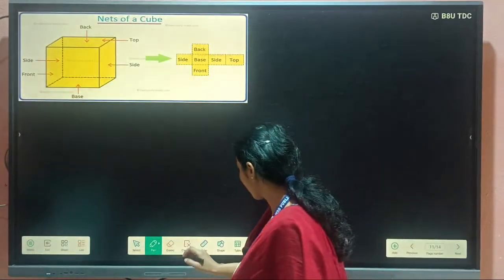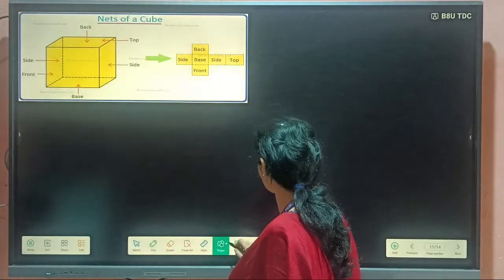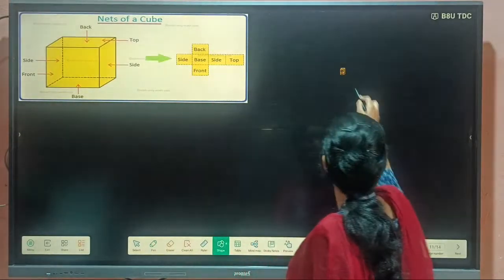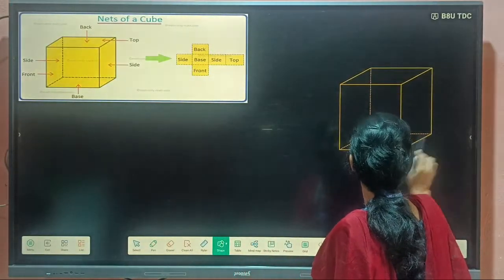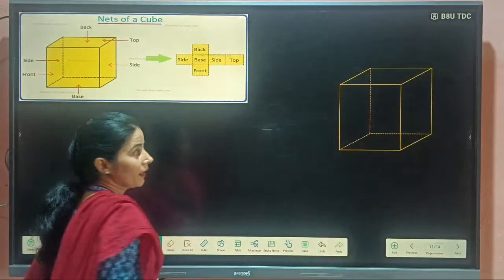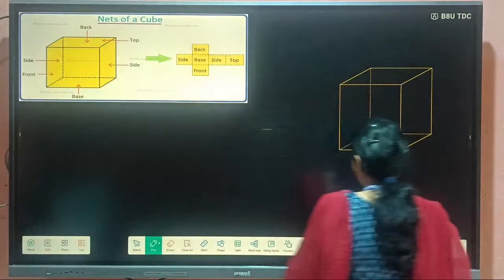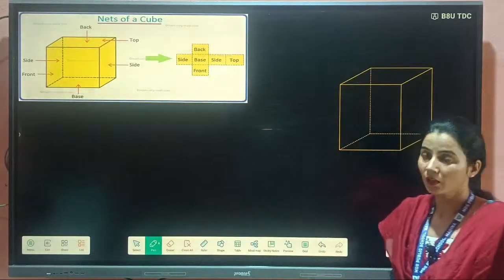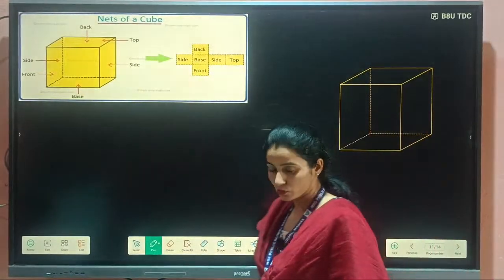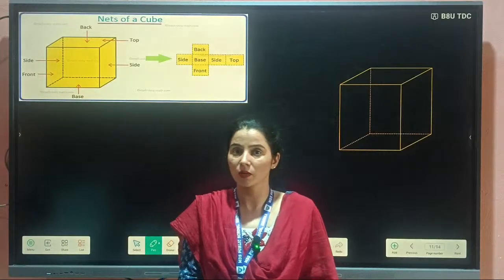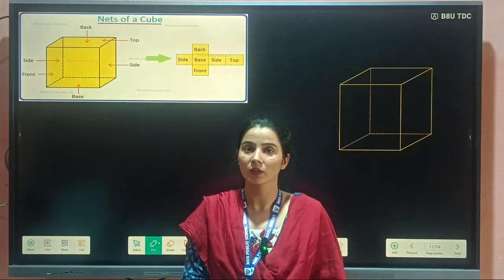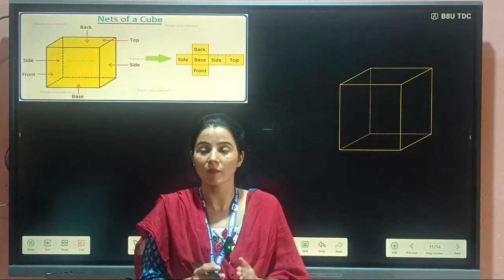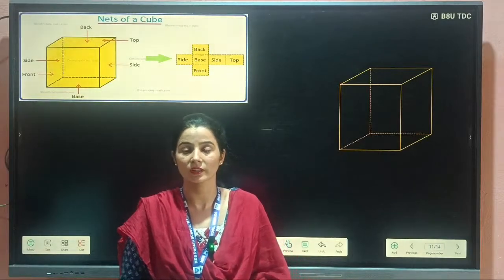Let us draw another shape of cube. This is a cube. Now see, how many faces, vertices, and edges will it contain? What is a face? This plane surface is the face of this board. Suppose you are sitting in a room and you can see your left, right, back and front, top and bottom. These all are faces. Where these faces meet, those are called edges.